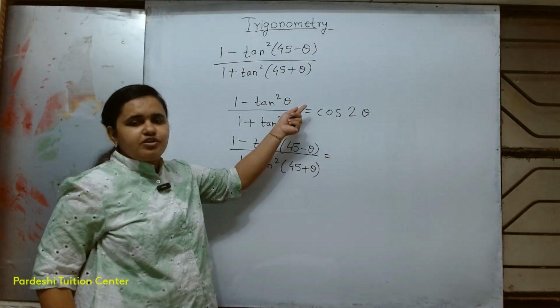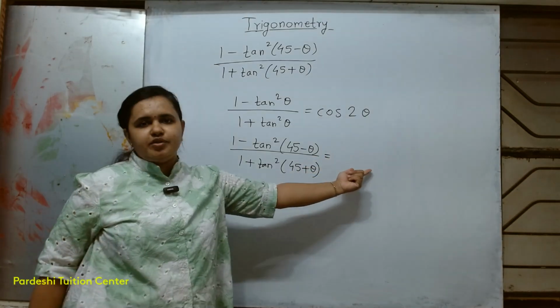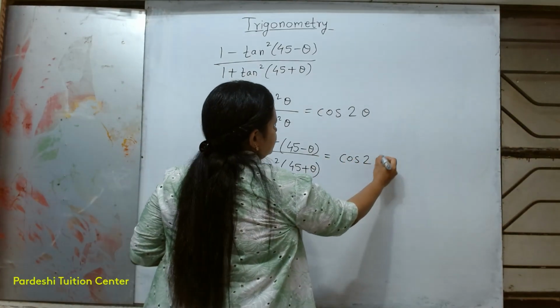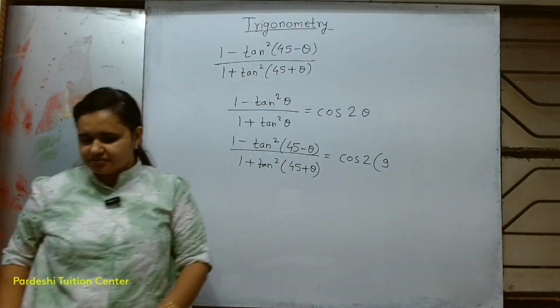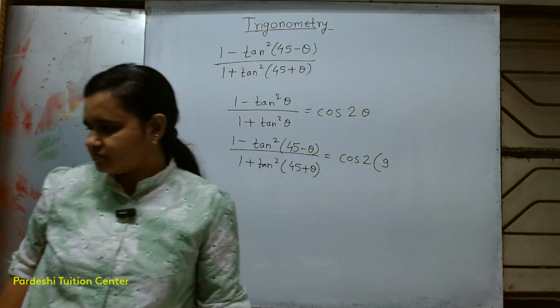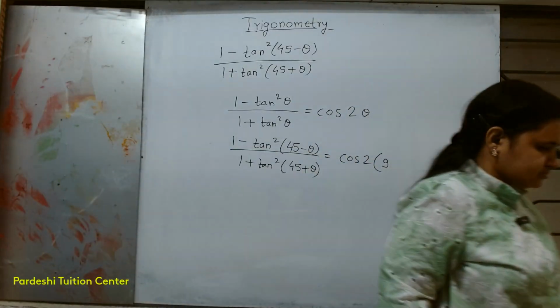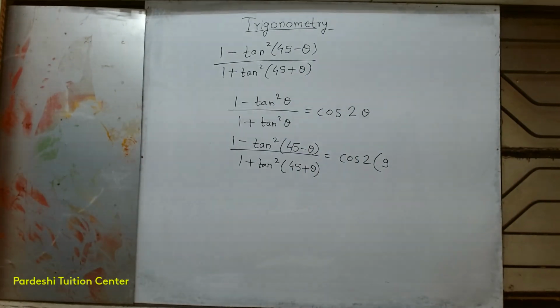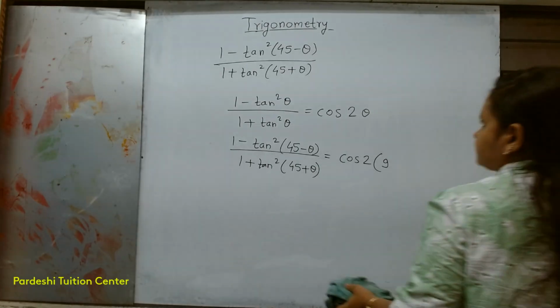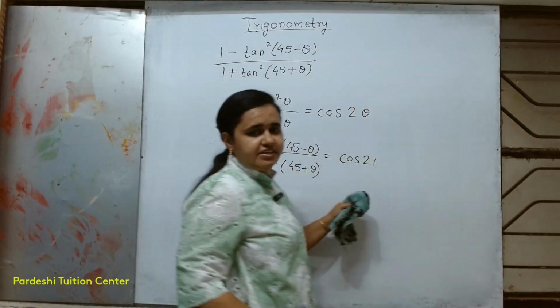We have put in the value of theta as 45 minus theta, so it will be cos 2 of (45 minus theta).